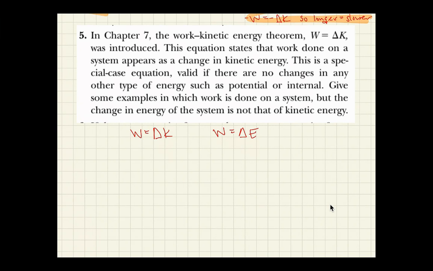And the easiest example of this would be an object that moves up with a force of a lift that is equal to the force of gravity, so that this object is moving up with constant velocity.